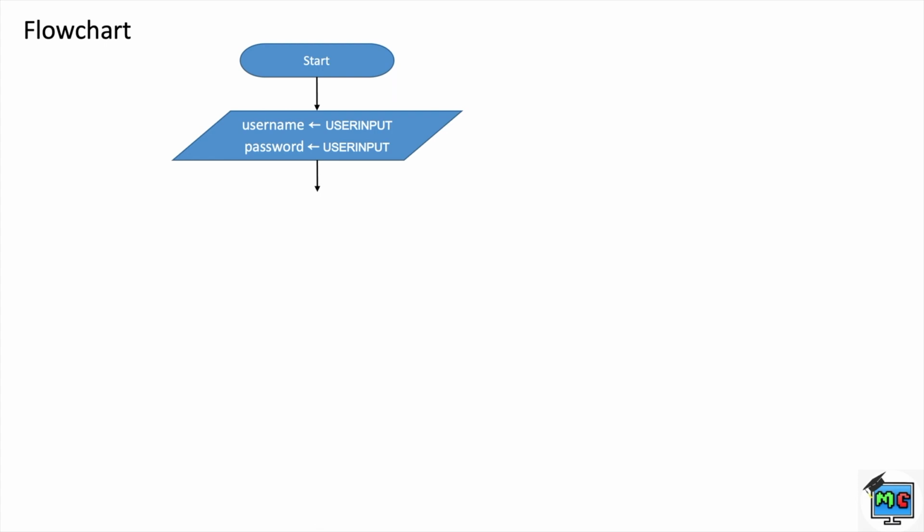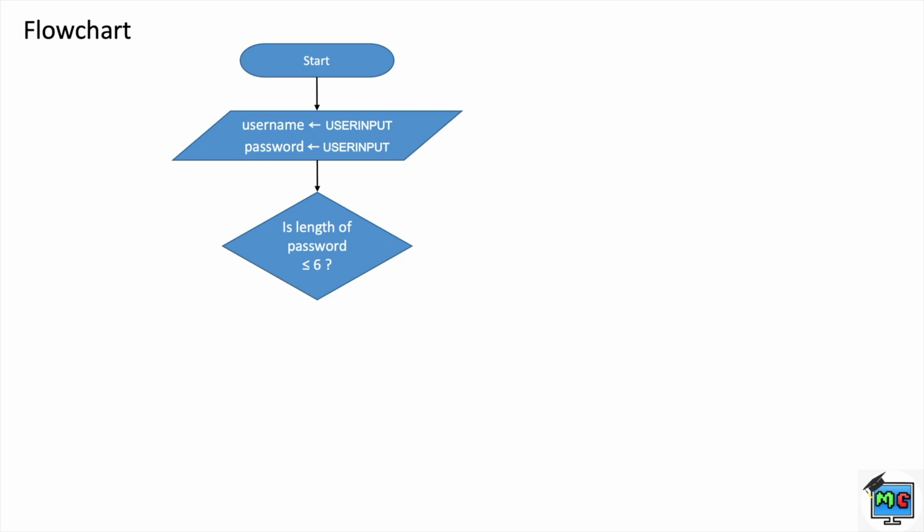What's in the pseudocode? So you're asking questions. You have conditional if statements. For a decision, on a flowchart you have this diamond shape, called the decision point. So you're asking this question: is the length of the password less than or equal to 6?